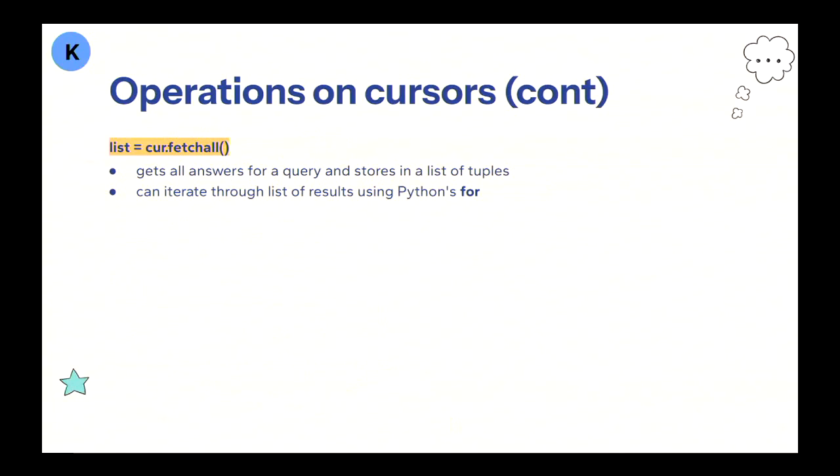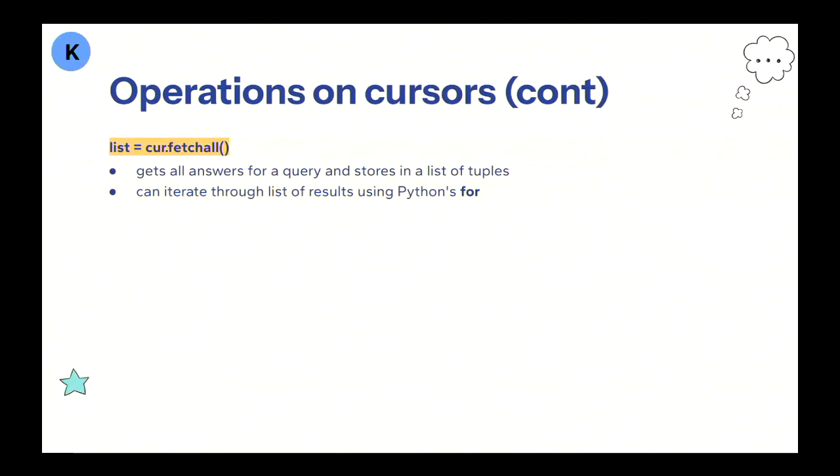And just now we have shown how we send statements to the DBMS, and cursors can also help us collect execution results from the DBMS, and it is done by the fetch functions. Why do I say fetch functions? It's because there are a set of functions that could be used for fetching data.